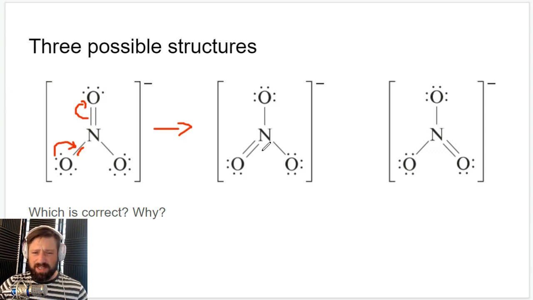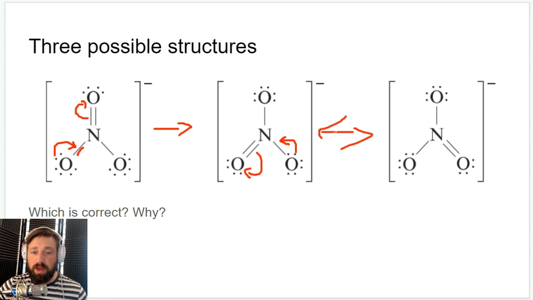Well, we can just do that exact same thing again, right? Where we take these lone pairs, bring them down here, and these lone pairs come back up, and now we're in this situation. And in fact, we can just go back and forth between all of these 3 different resonance structures.